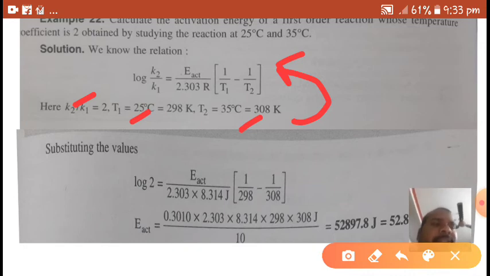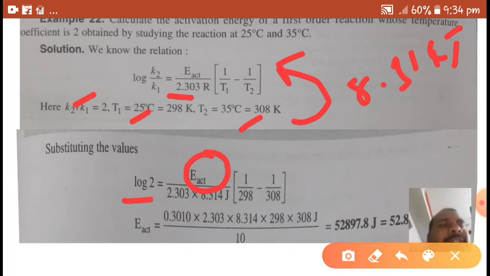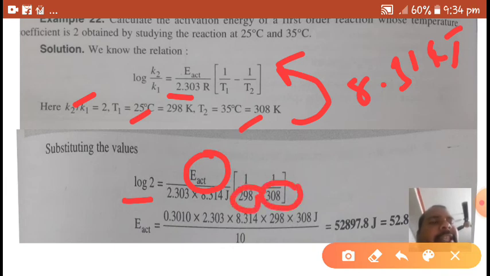Here log K2 by K1 is equal to log 2 is equal to Ea by 2.303 R, where R is equal to 8.314 joules, or 8.314 into 10 to the power of 7 ergs. So here T1 is 298 Kelvin and T2 is 308 Kelvin.